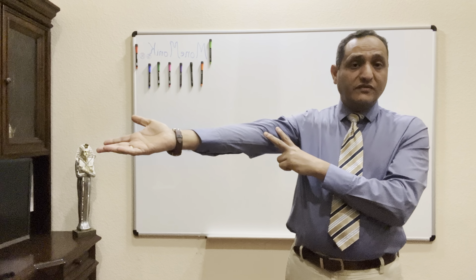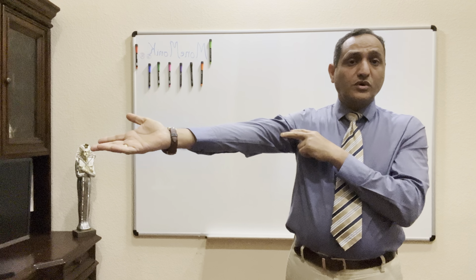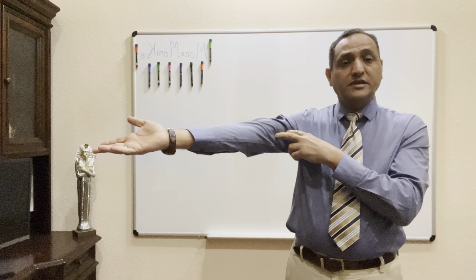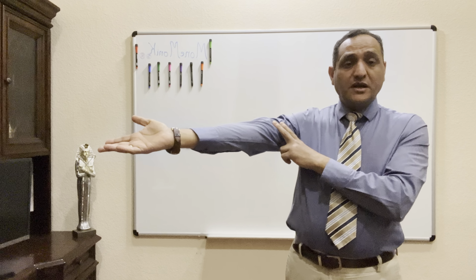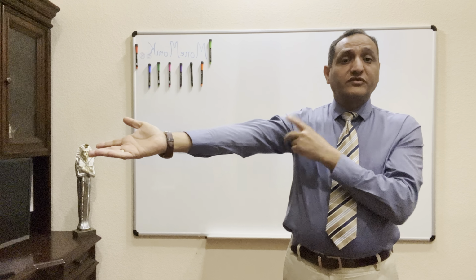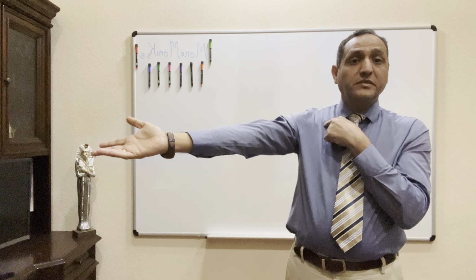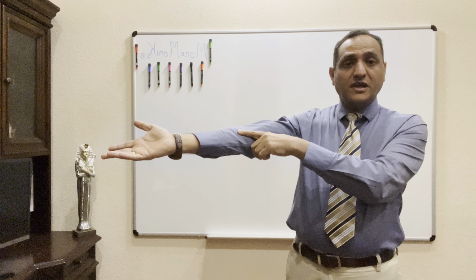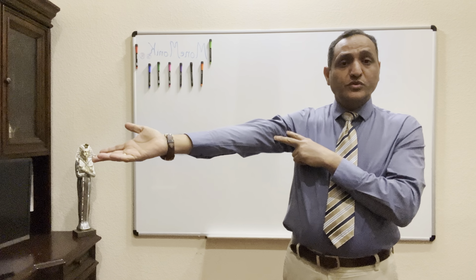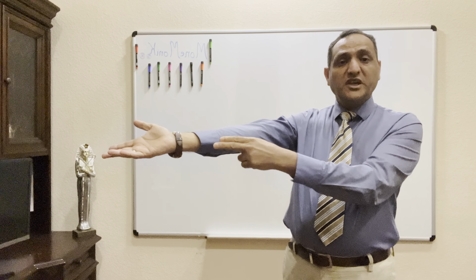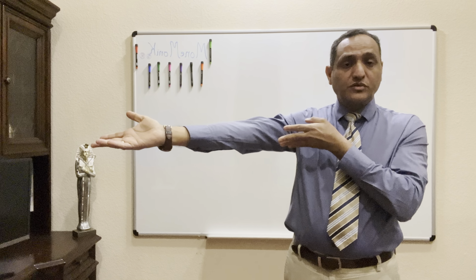So 2 cuts, which are the medial cutaneous nerve of the arm and the medial cutaneous nerve of the forearm, then the ulnar, and then 2 medial, which are the medial pectoral nerve and the medial branch to the median nerve. So simply for the medial cord: 2 cuts, ulnar, 2 medial.